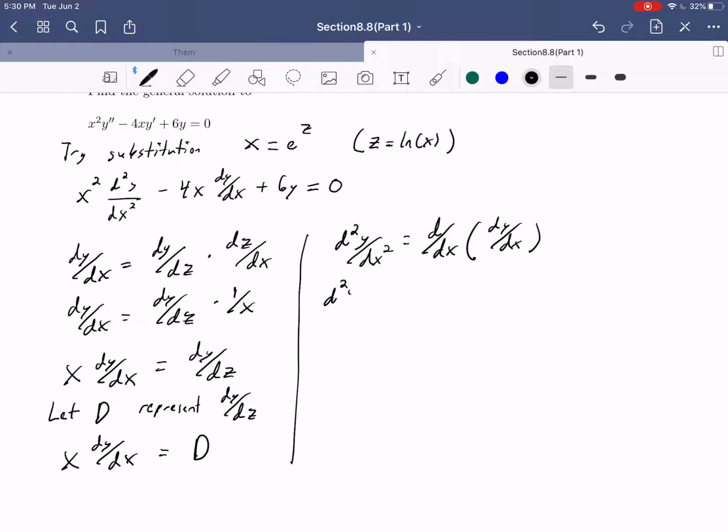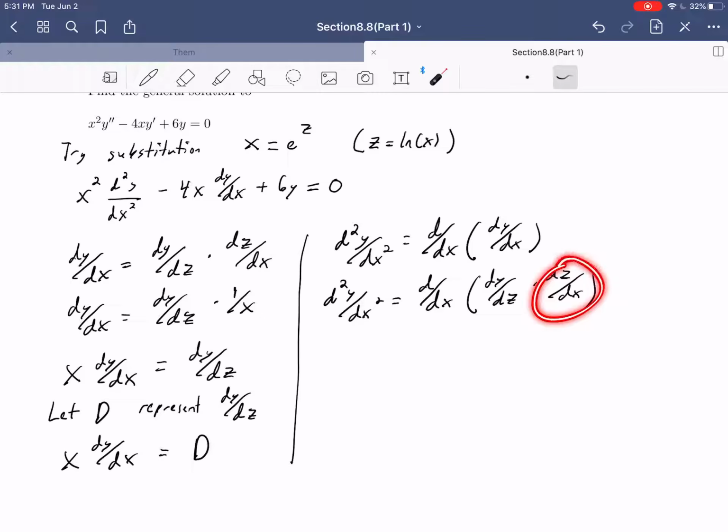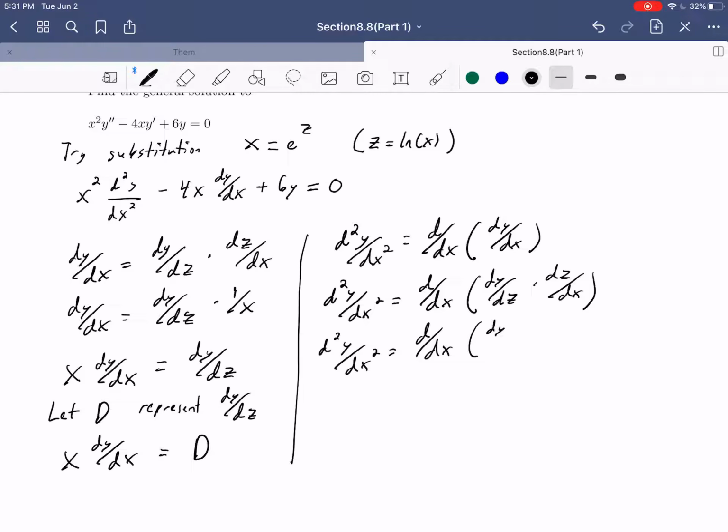And what do we know about dy/dx? We know it can be written using chain rule like that, dy/dz times dz/dx. And of course, we know that dz/dx is equivalent to 1 over x, so let's pop that in there.